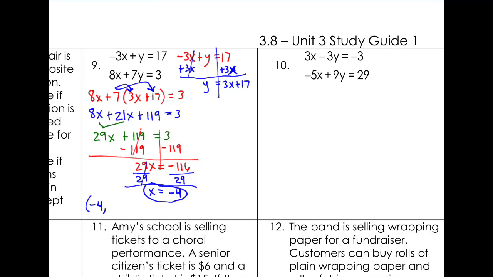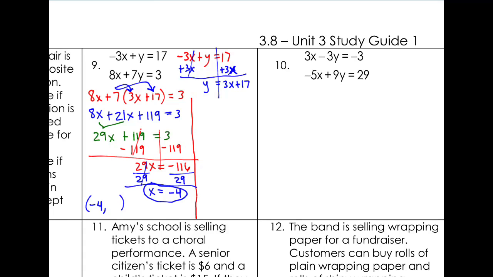Okay, so now we're just searching for y. So we can get y by plugging in x, which is -4, into one of the equations up here. So let's do that. So let's kind of partition off an area here.